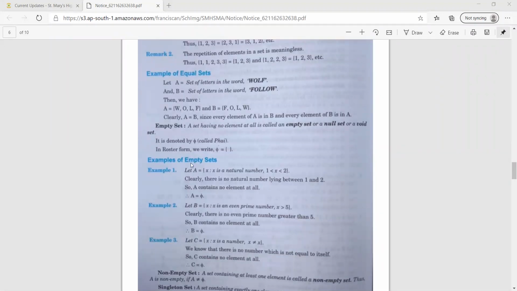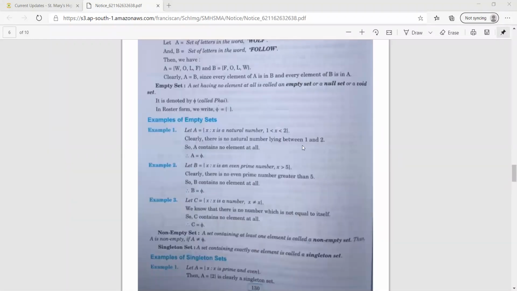Then examples of empty sets. Let A equal {x such that x is a natural number and x is greater than 1 and less than 2}. Means we want a natural number which is more than 1 and less than 2. So natural numbers we know are counting numbers 1, 2, 3, 4.